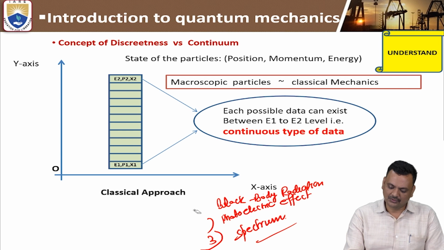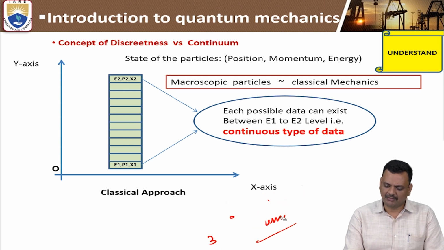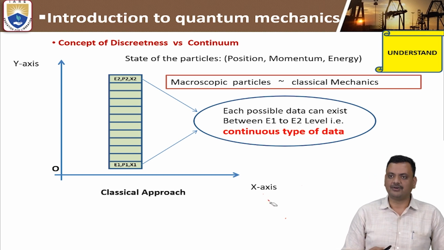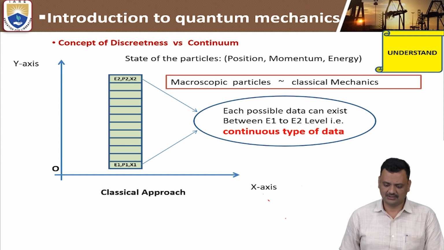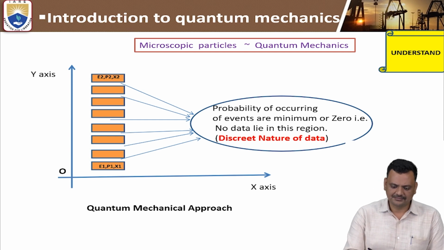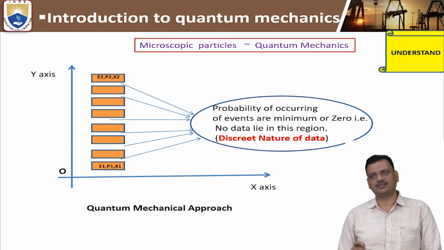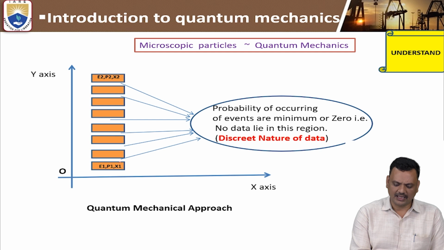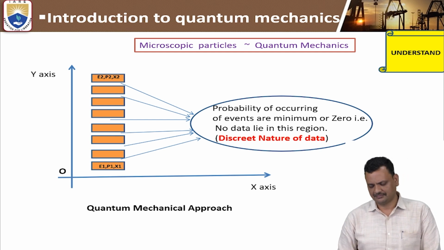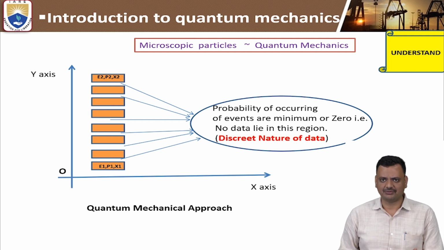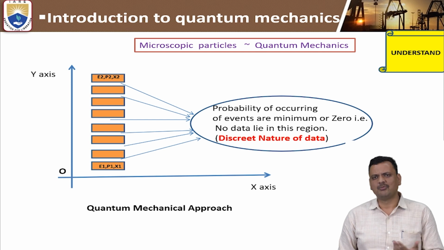So what happens in quantum mechanics? There are two things to know. The first is the concept of discreteness. A microscopic particle deals with quantum mechanics, and here we have a set of data. Any state of the particle can be represented by the coordinates E1, P1, X1, where E1 is energy, P1 is momentum, and X1 is its position.